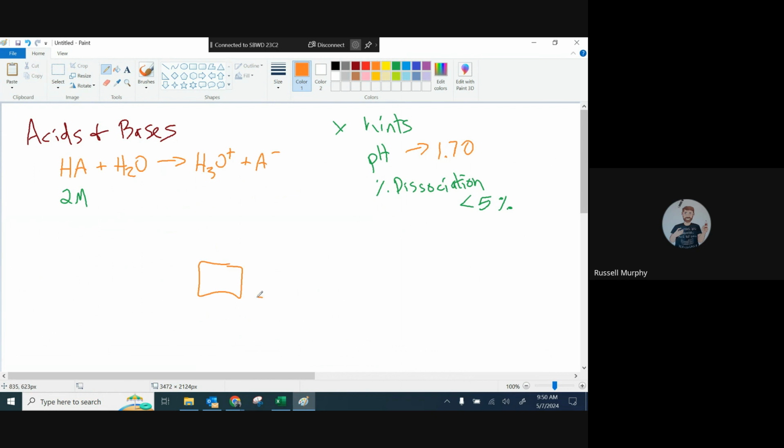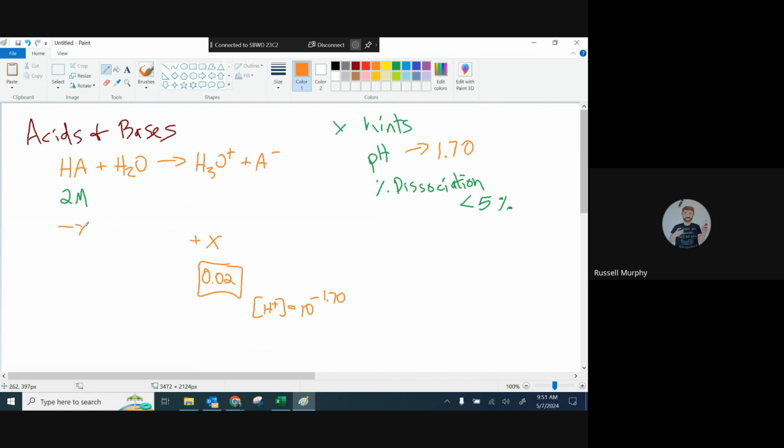And so we could say the amount of hydrogen is equal to 10 to the negative 1.70. And so we can get, using the anti-log, that this is 0.019995 or 2. So the value for x is 0.02.